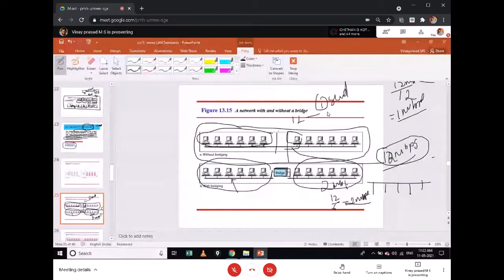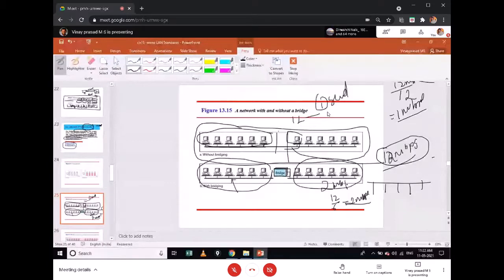Okay, if you do more segmenting, the advantage is what we call a rise in bandwidth. You can see that sharing of bandwidth is assumed in a bus topology where two stations have a lot of frames to send.